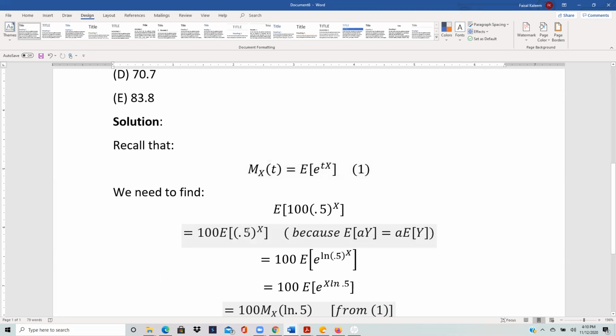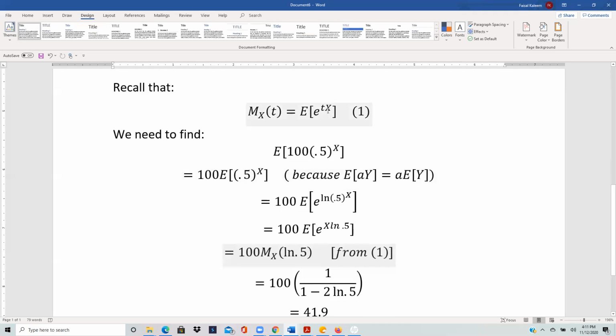So you have to write this 0.5 power x somehow as e power something times x, because that t is the argument that appears over here. So x has to be maintained, and we need a coefficient of x besides.